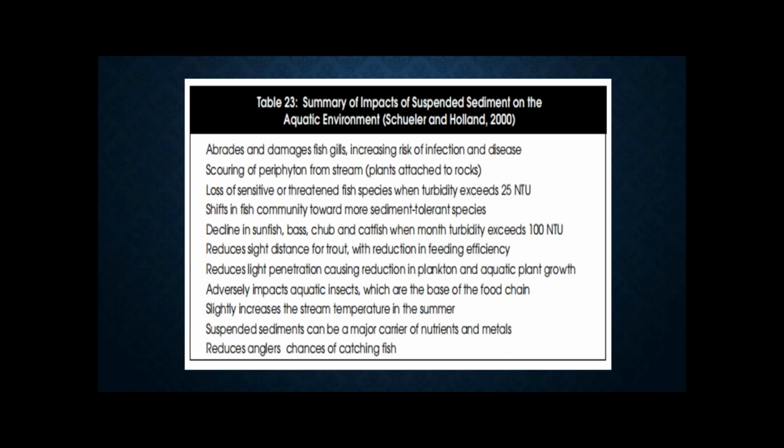It can cause a loss of sensitivity and threaten certain fish species. Also, it reduces sight and distance for certain types of fish, examples are trout. And it reduces light penetration, causing a reduction in plankton and aquatic plant growth. So it affects photosynthetic abilities in plant growth.